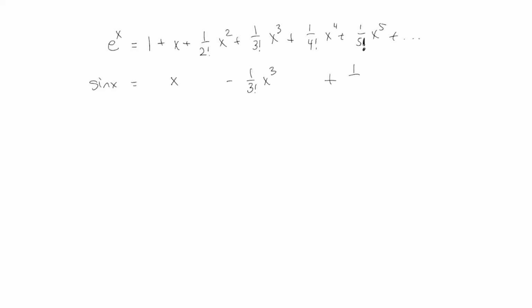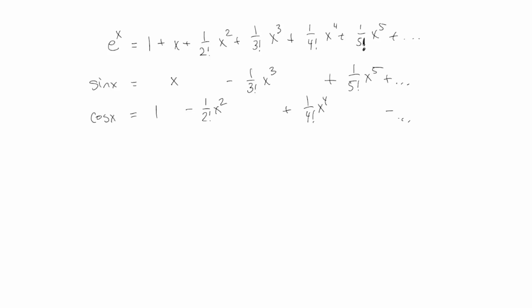The same is true for cosine, but the cosine only has the even powers, including the 0 power, which is the first term. So the cosine is 1 minus 1 over 2 factorial x squared plus 1 over 4 factorial x to the 4. The next one would be minus the x to the 6th term, etc.